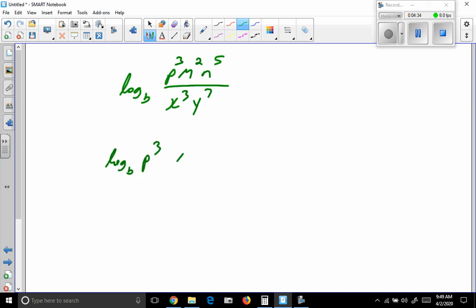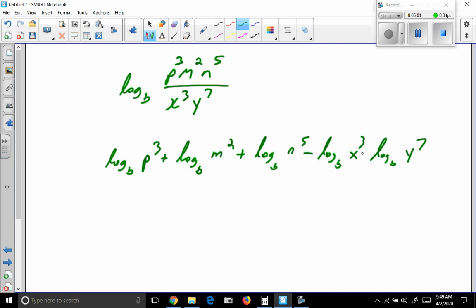The p cubed, the m squared, the n to the 5th, the x cubed, and the y to the 7th. Each of those we're taking log using base b, taking log of each of those factors. All of the ones that are on top, those terms are going to be positive. The ones that are in the denominator, those terms are going to be negative.